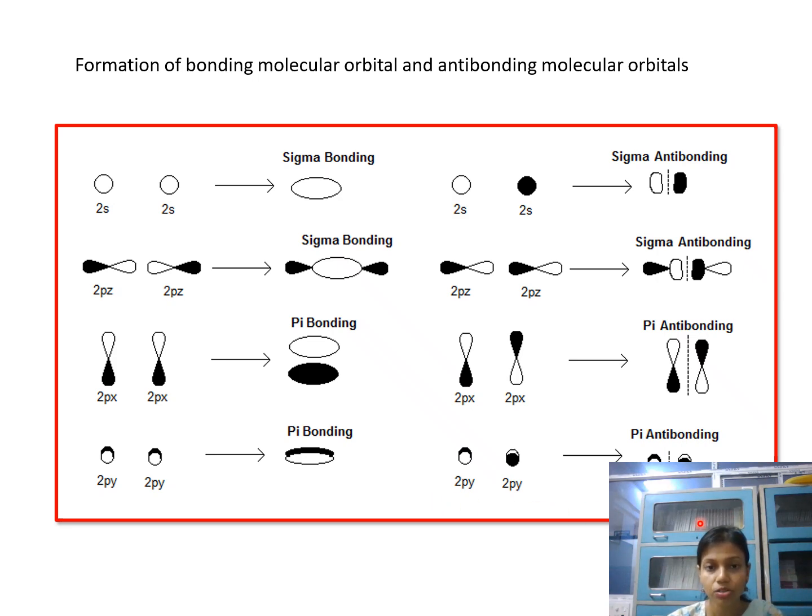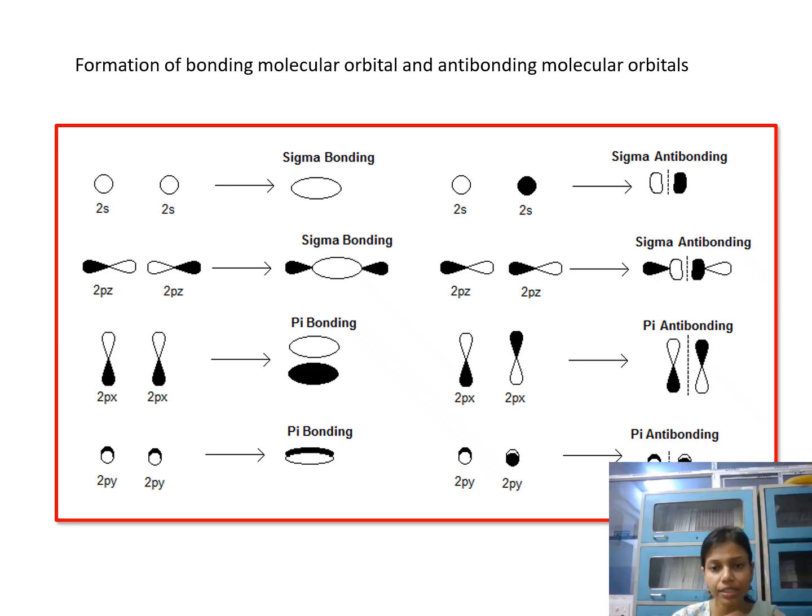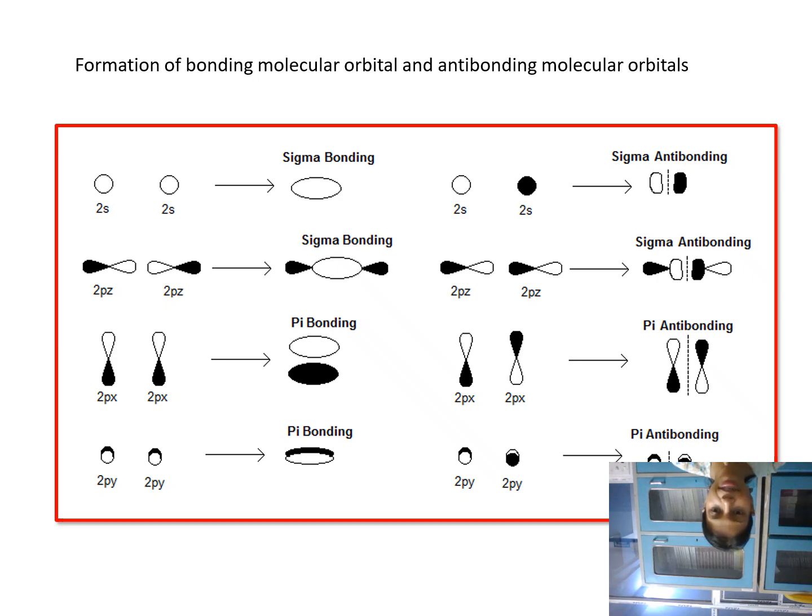Okay, so till now what we understood is that atomic orbitals combine to form molecular orbitals. For combining atomic orbitals, there are three conditions, three criteria, that they should match, and only then is the overlap possible to form a molecular orbital. One is they should be close enough, another is their energy should be similar or the same, and their symmetry should match. Okay, these three criteria are there.